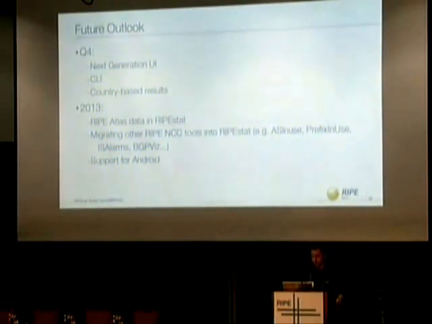Further ideas we want to implement next year will be the migration of other RIPE NCC services that are right now floating around on our website, like AS in use, prefix in use, IS alarms, or BGPlay. And another thing that some people were calling for was support for Android. Well, that's something we want to tackle next year.